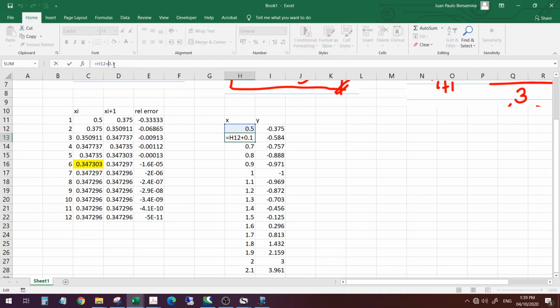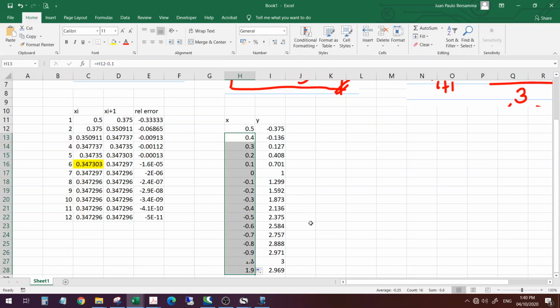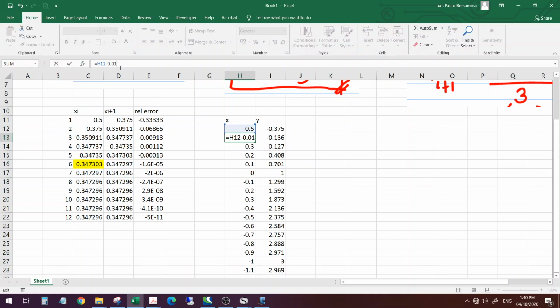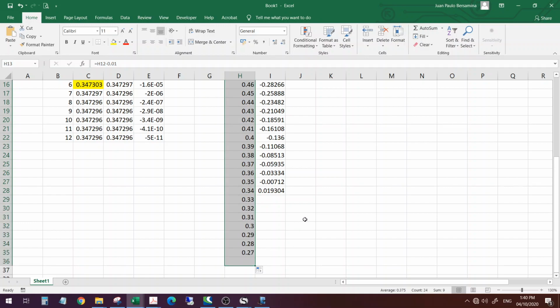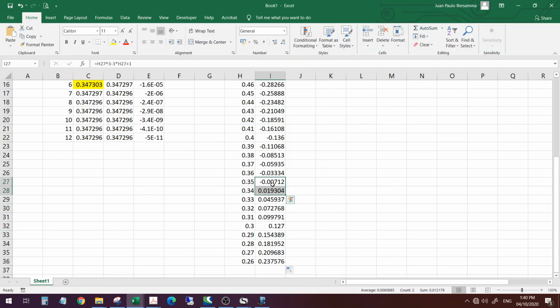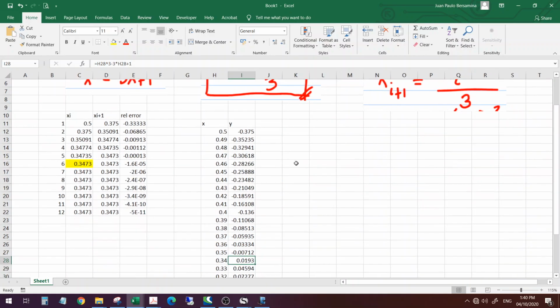So I'll use negative 0.1 instead. There. So as you see, there's a change in sign over here. So I'll try to use 0.01. See, so there's the change of sign here. So let's plot that.